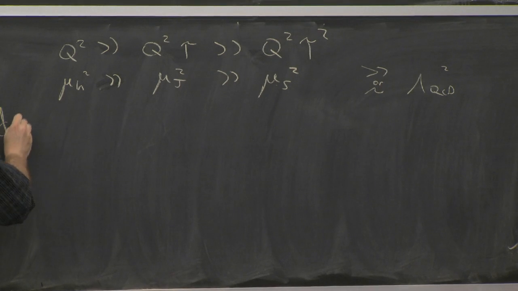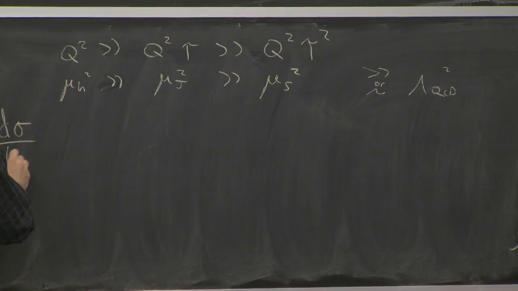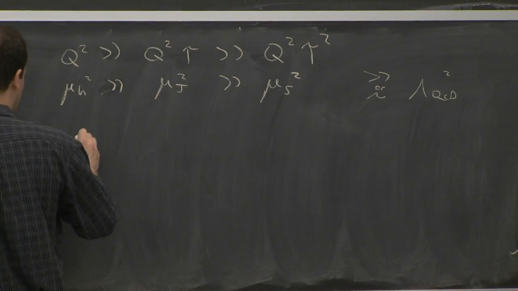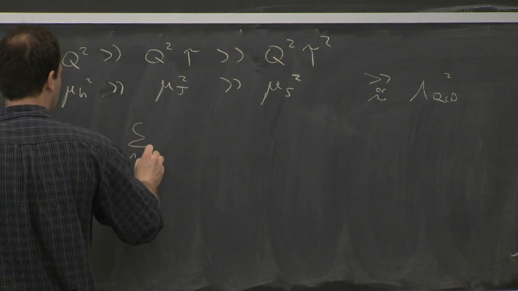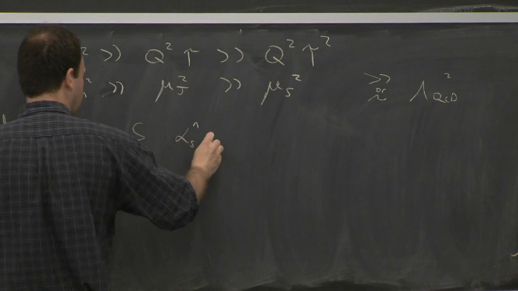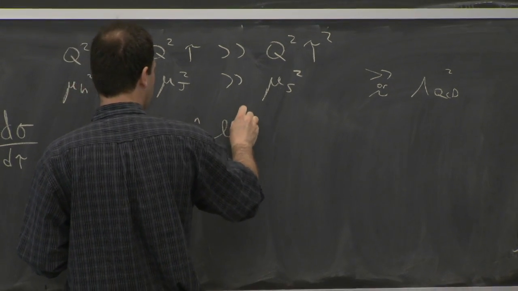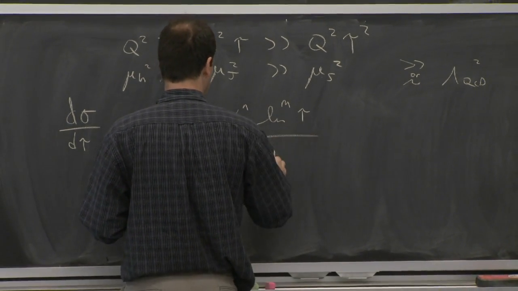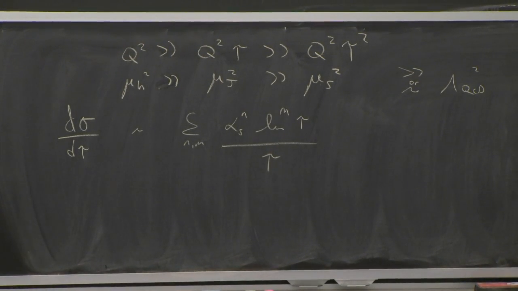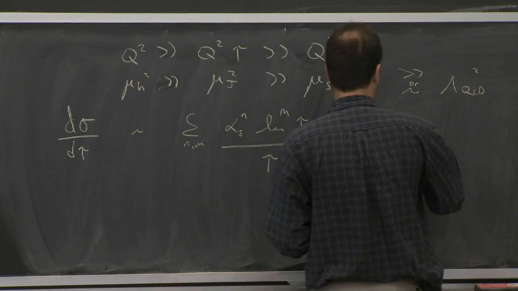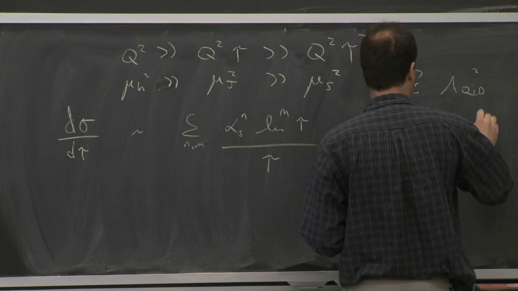And the type of terms that our factorization theorem would be able to resum if we did the renormalization group evolution would be sums of powers of alpha and logs of tau. Tau is a dimensionless variable, and so the terms that would show up in the cross-section are terms like that, plus non-perturbative effects.